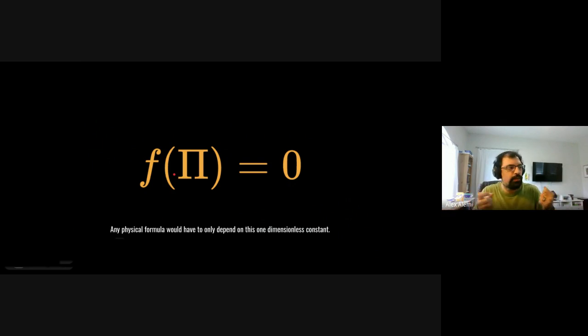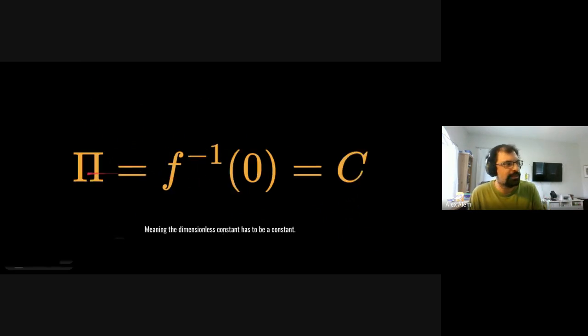But this is a huge restriction, right? Because regardless of what this formula is, because in physics everything is nice and invertible, we should be able to invert the formula and write pi as the inverse of 0, right? The image of 0 under this function, whatever it is. And whatever that is, that's just going to be a number.